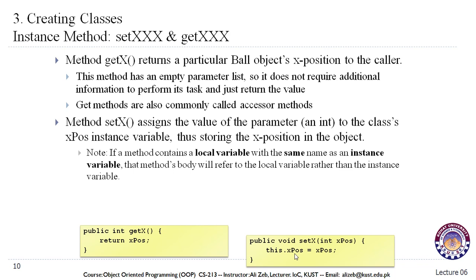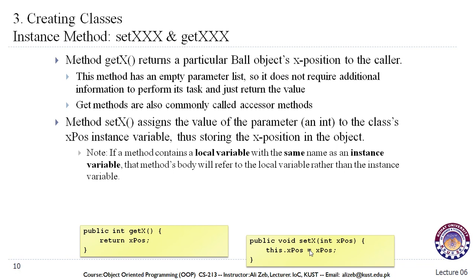You should know that if a method contains a local variable with the same name as an instance variable, that method's body will refer to the local variable rather than the instance variable. As we can see over here, if we do not use this keyword, the variable will be assigned to itself. This is called self assignment.